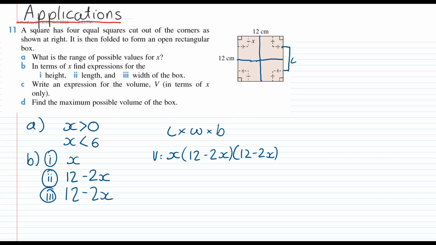So now I'll distribute the brackets and then multiply everything by x. With algebra, V equals 12 by 12, 144, minus 12 by 2 times 2, 24x, and then minus 2x squared, which is 4x squared.